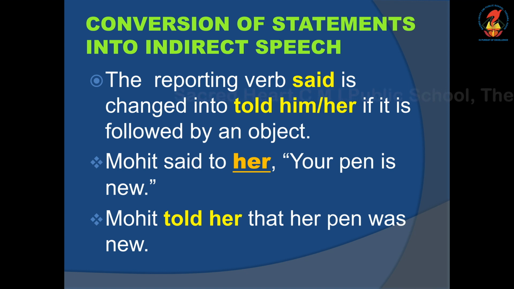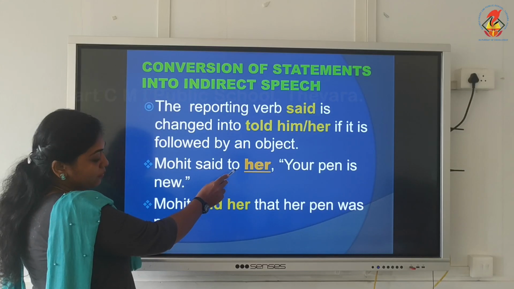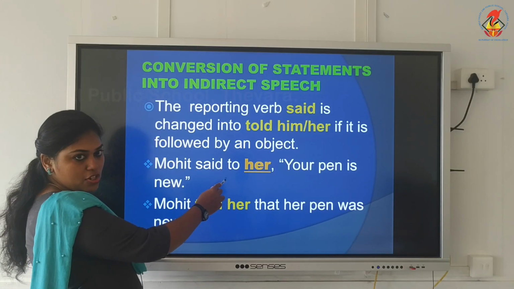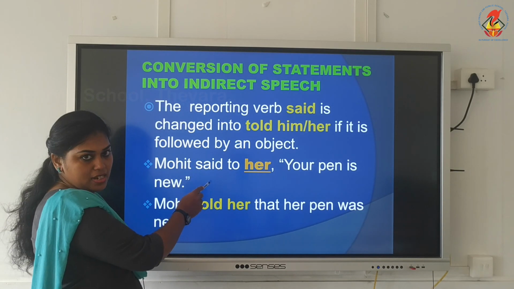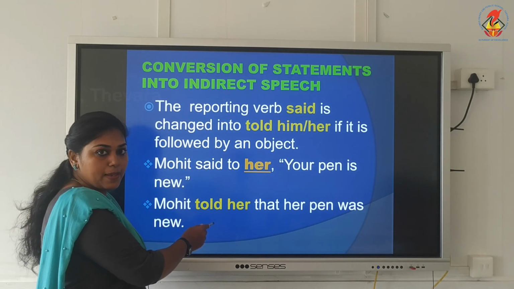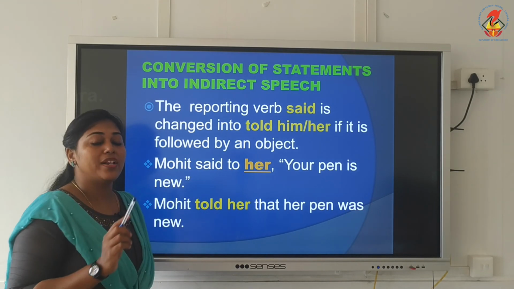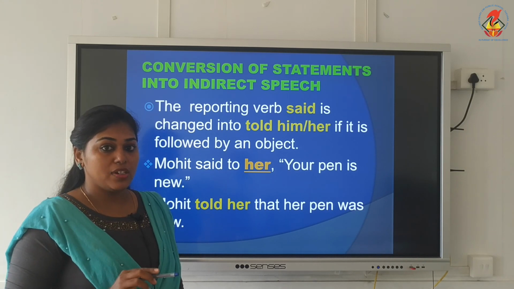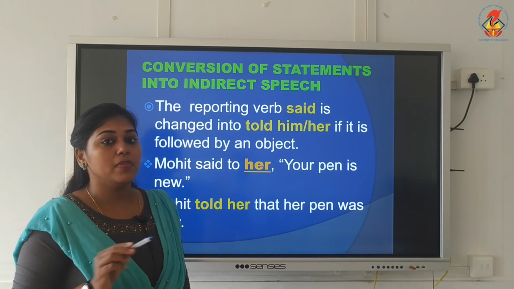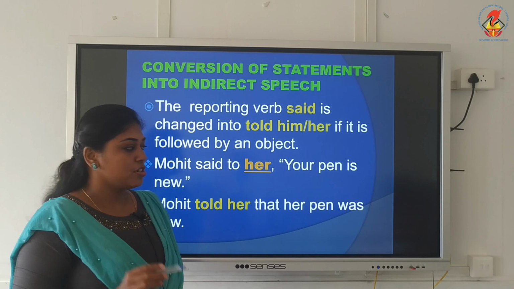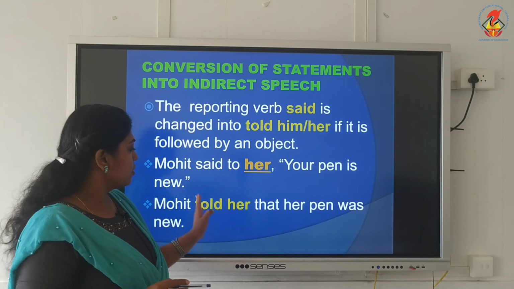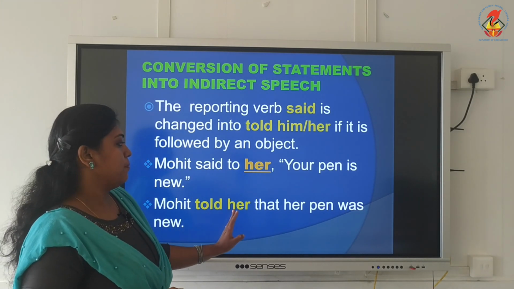Mohit said to whom? To her. So there is an object here, right? So here if there is an object, then you need to change the reporting verb said into told him or told her. Here one thing you have to remember is never write told to him, told to her. Do not write to there, okay? It should be told her, told him.